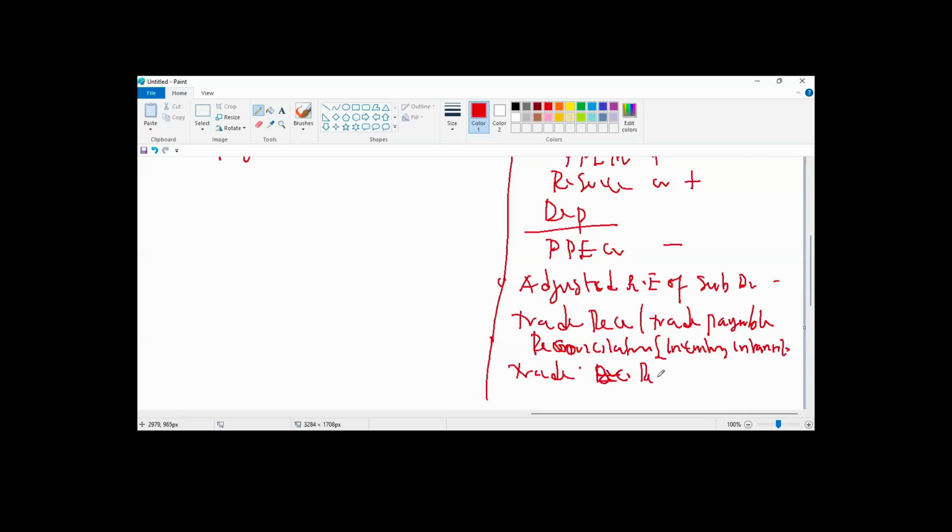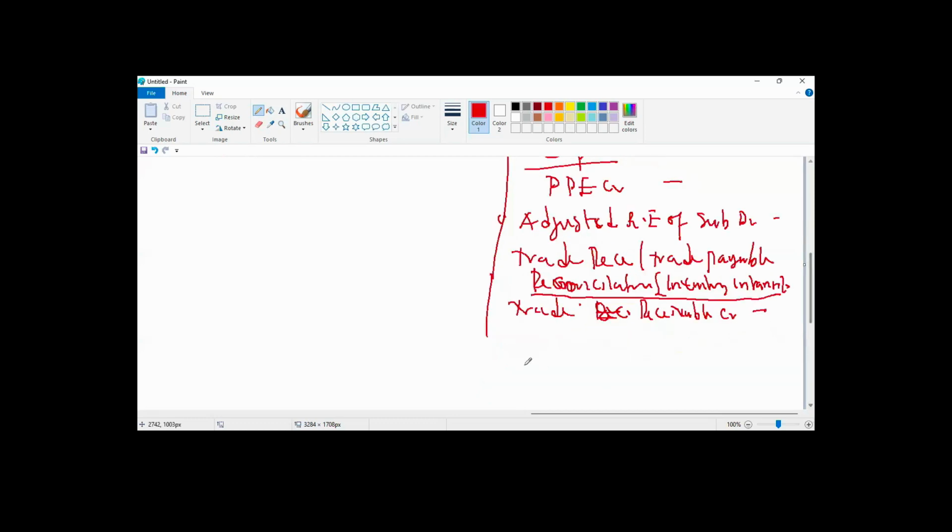The inventory in transit with debit. Then trade payable with debit.